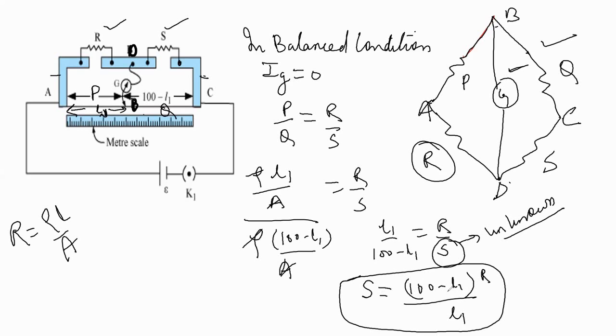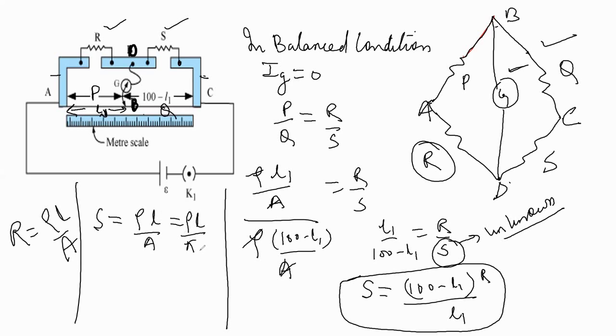After calculating S, the resistivity of the wire can also be calculated. The resistivity formula you all know: resistance is equal to rho L by A, and this can be written as rho L upon pi r square. The wire is represented as S, whose value you have already calculated. Length you can measure with the scale.